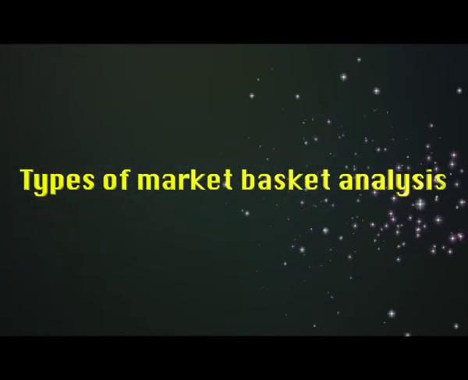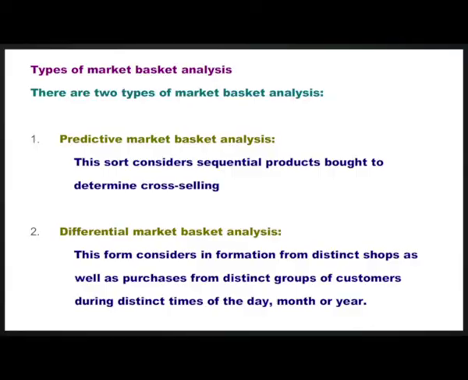Types of market basket analysis. There are two types of market basket analysis. Predictive market basket analysis is the first one. This considers sequential products bought to determine cross-selling. The second one is differential market basket analysis. This form considers information from distinct shops as well as purchases from distinct groups of customers during distinct times of the day, month or year.